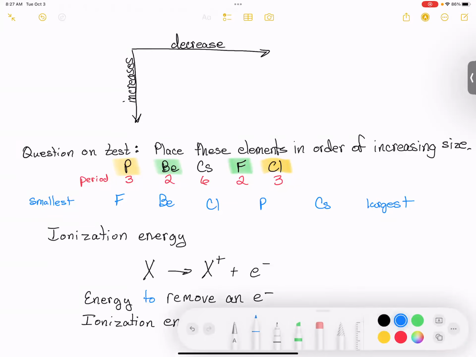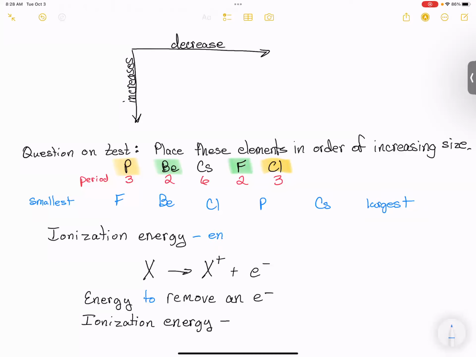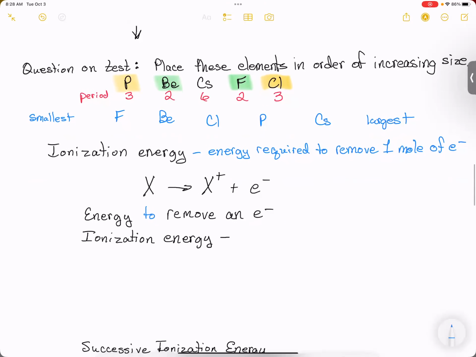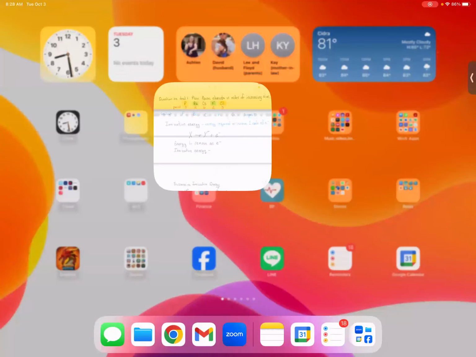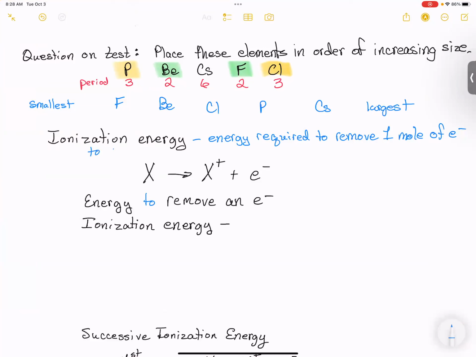So by definition, ionization energy is the energy required to remove 1 mole of electrons to make 1 mole of cation.